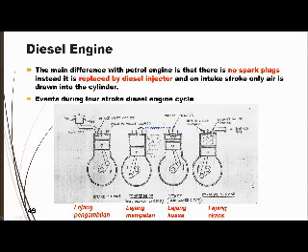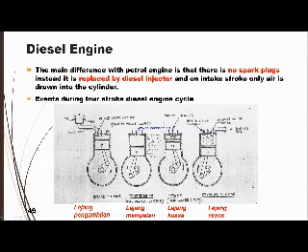All right, so the diesel engine is slightly different because of the different nature of the fuel itself. We need a very high amount of pressure to develop inside the compression chamber during the combustion process.